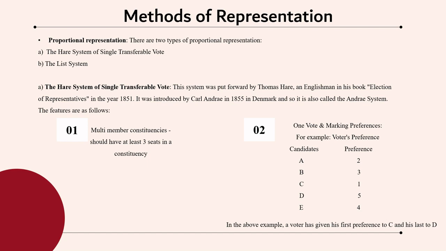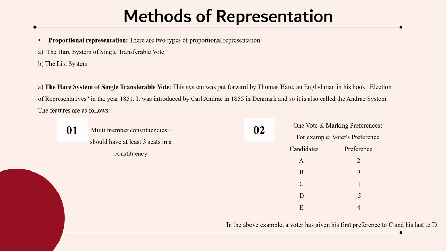This system was put forward by Thomas Hare, an Englishman, in his book Election of Representatives in the year 1851. It was first introduced by Carl Andre in 1855 in Denmark, and therefore it is also called the Andre system. Let us see the features of proportional representation.